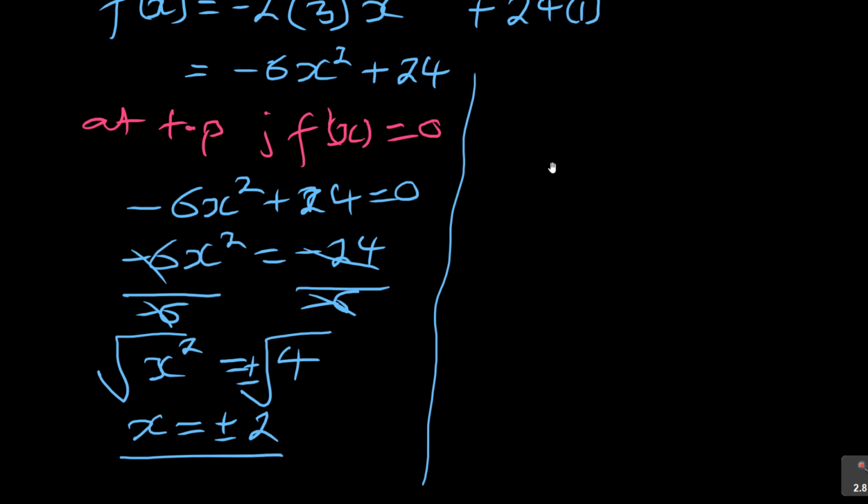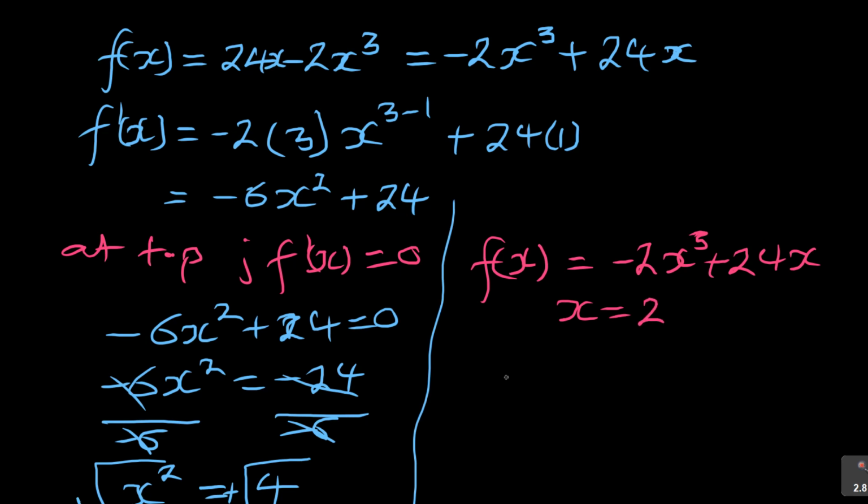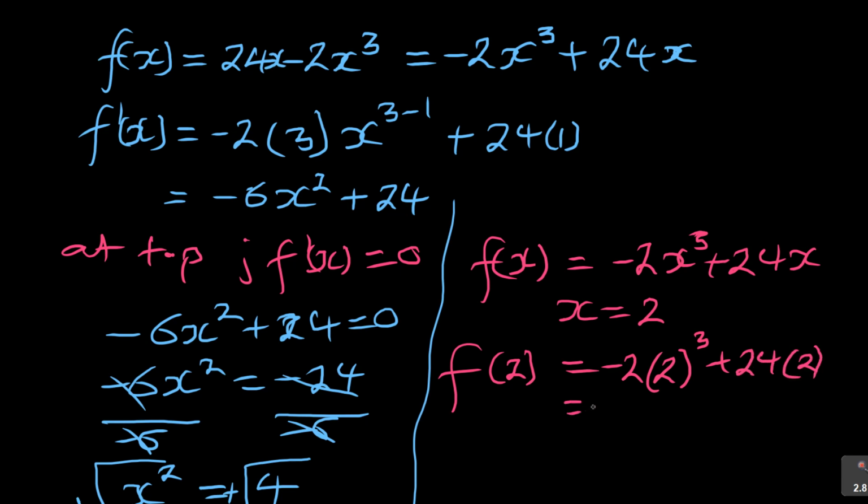Now you take the original equation, which is your f(x). So f(x) is equal to negative 2x cubed plus 24x. And then we said when x is equal to, let's start with the positive 2. So f(2) is equal to negative 2 times 2 cubed plus 24 times 2. See that? Then it will give us the answer.